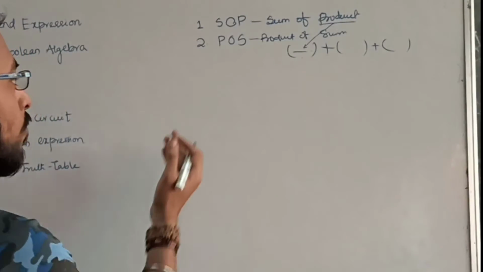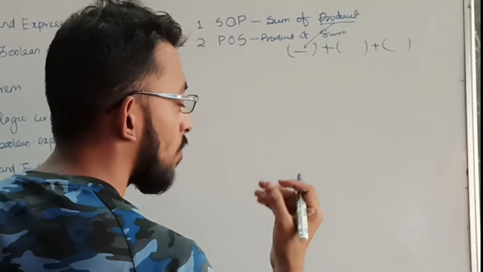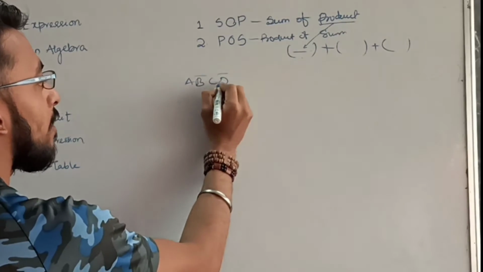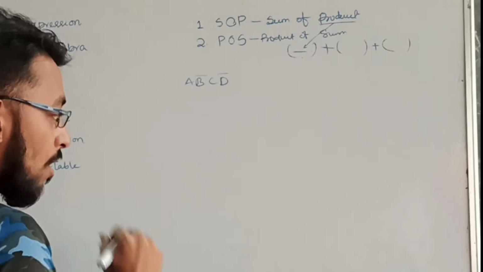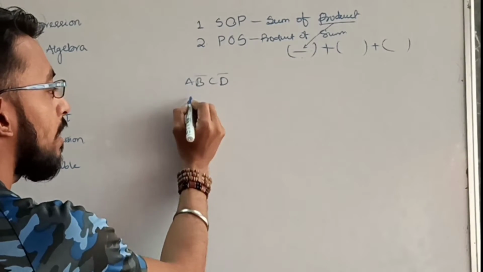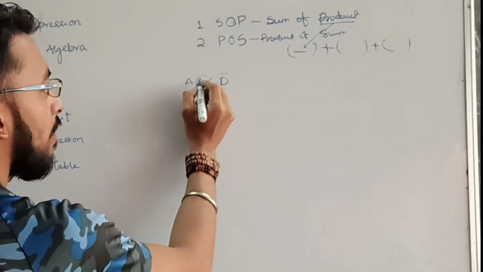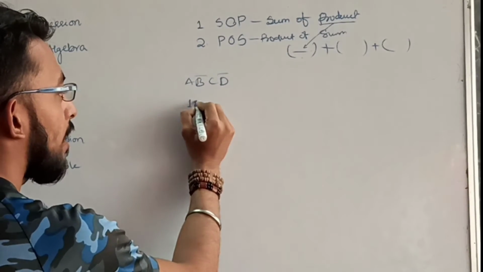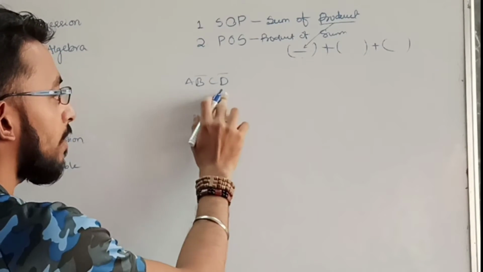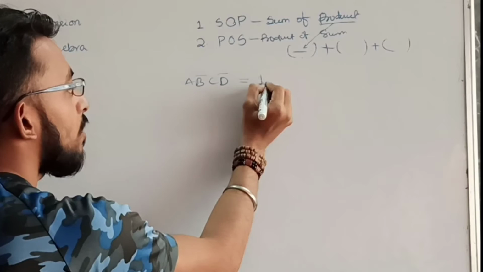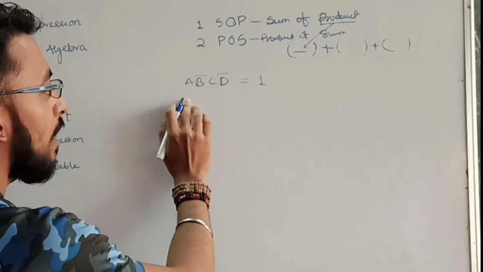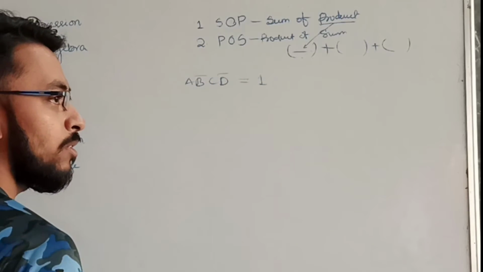Now we will see how to represent this SOP form in binary. Let's take a term A B bar C D bar. How to represent this in binary? For A I am going to write 1, and for B I am going to write 0. It means I have to check for what possible combination of A, B, C, D my output is going to give me a value 1.